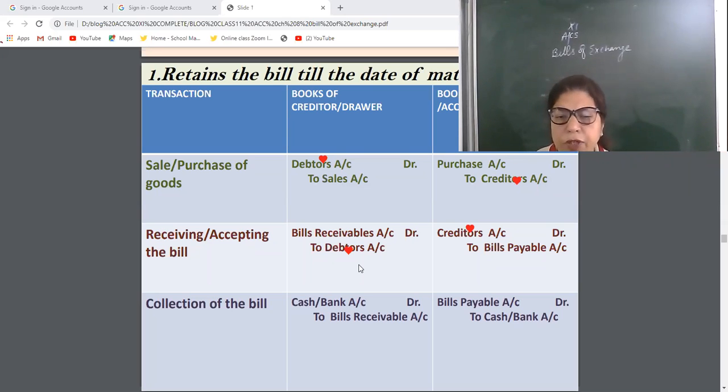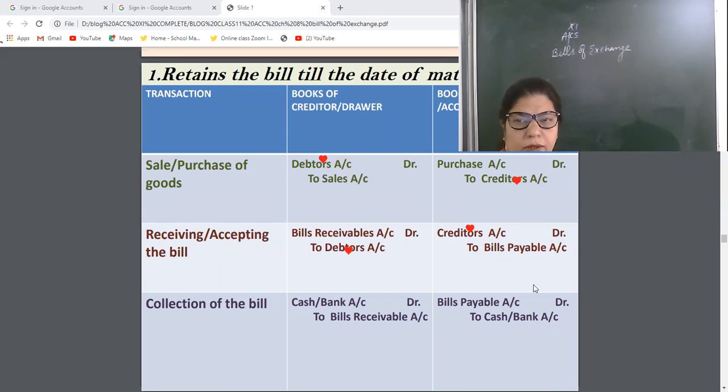And what will he do? He will give the bill back and get the payment. He will get his bills payable and make the payment. So in the narration, you will write payment received on maturity and he will write payment made on maturity. So, first condition, got it clear? Get the payment on maturity.